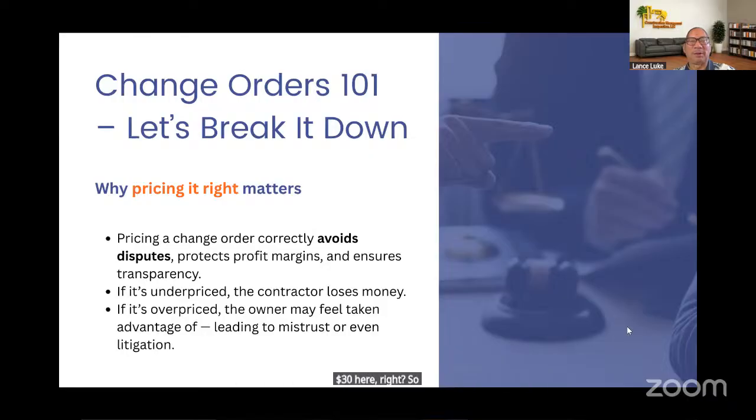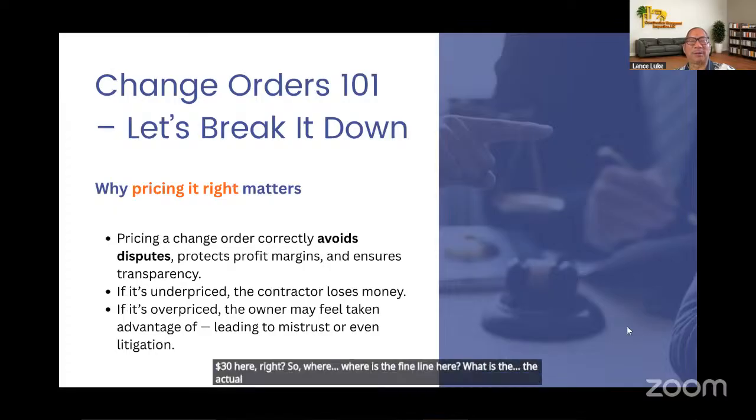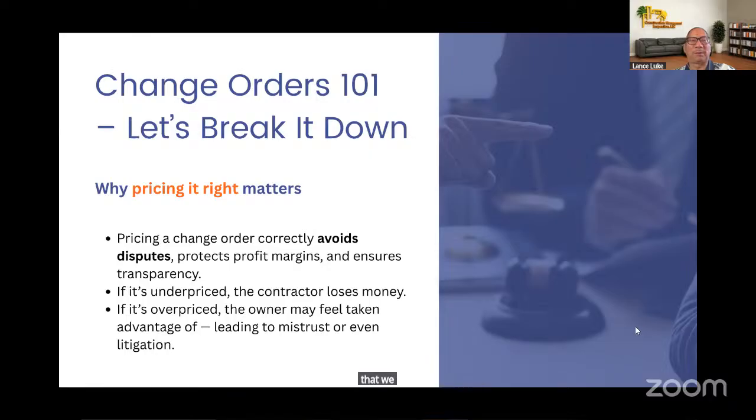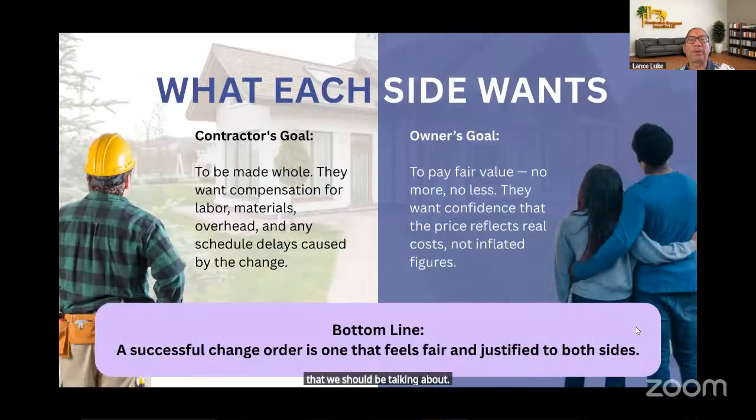So where is the fine line here? What is the actual amount that we should be talking about? Before we get into that, here's what each side wants. The contractor's goal is to be made whole. They want compensation for labor, materials, overhead, and any scheduling delays caused by this particular change.